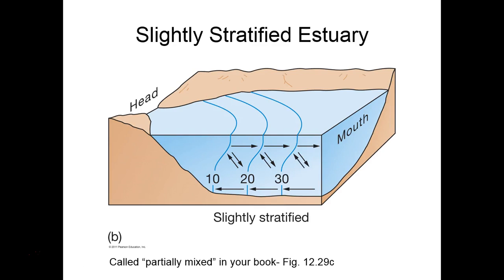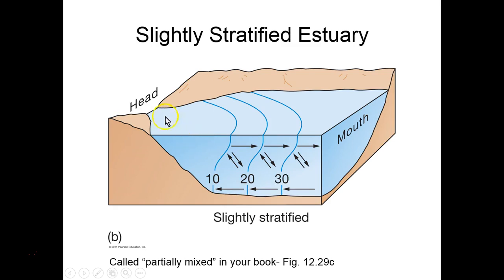Slightly stratified means that as you go from the surface down, the salinity is actually changing slightly. Okay, your book also calls this partially mixed. So in this example here, we would have a salinity of 10 parts per thousand, but then as we go down, we would probably get into a salinity of about 12 to 15 parts per thousand, gradually increasing as you go down.